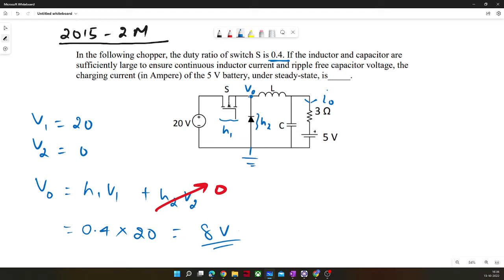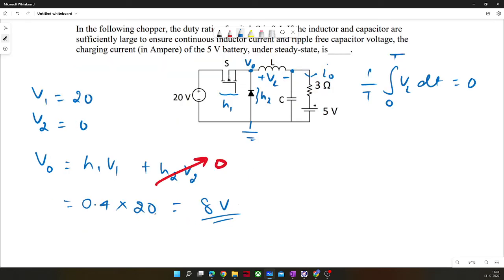And 8 volt here will come out here because the average voltage drop across the inductor is 0. The integral of V_L dt, times 1 by T, from 0 to T, is 0. So that's why the V_L average drop is 0. So whatever voltage you see here, you will see the same at this point.